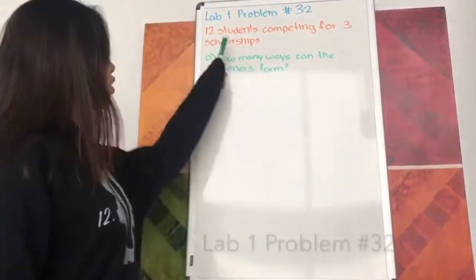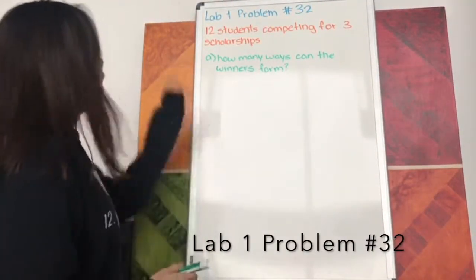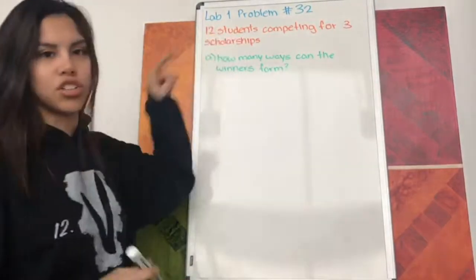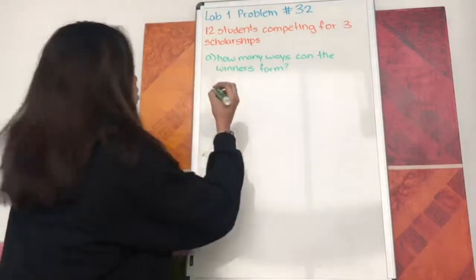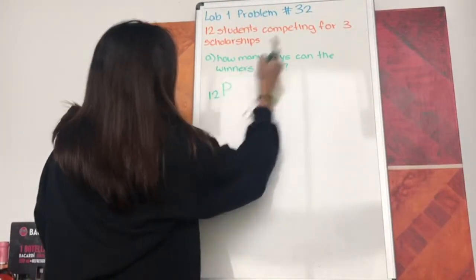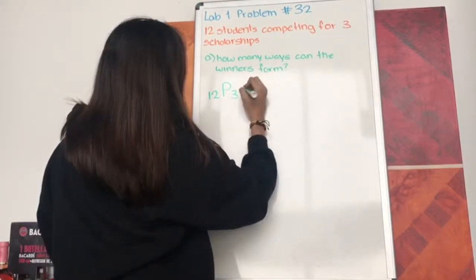For problem number 32, we're asked the following question. How many ways can the winners form if we have 12 students and 3 identical scholarships? So we know that the order matters, so we're going to use a permutation. Since we have 12 students and we're looking for 3 spots.